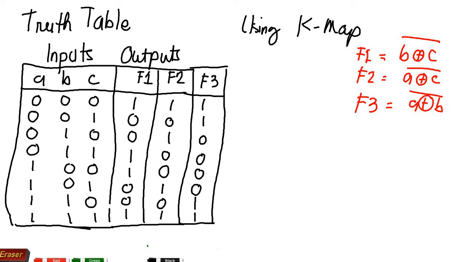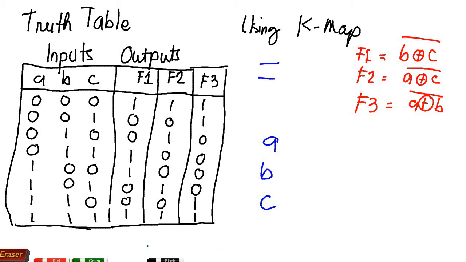We're going to use the blue color. So take note, you have inputs A, B, and C. These are now your inputs. Your F1 is B XOR C. So the symbol for XOR is this one.